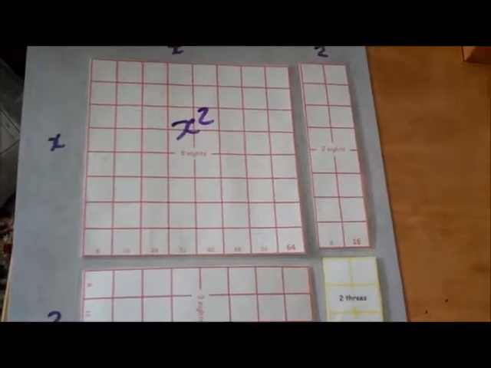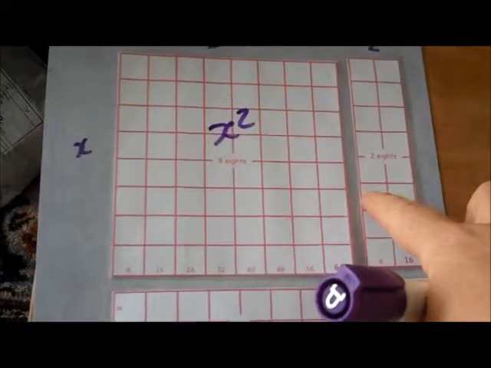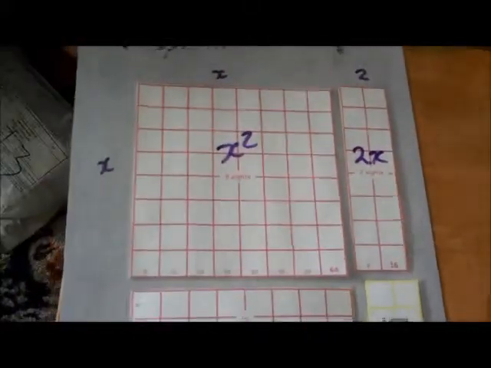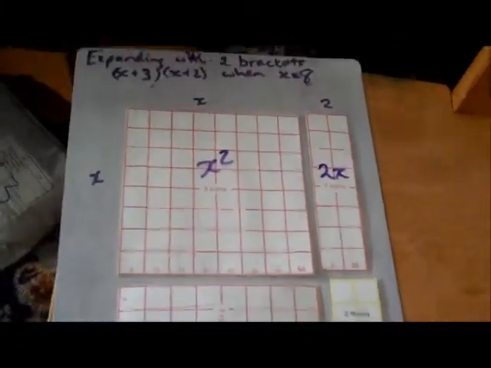This piece here is 2 eights. If I was doing it with algebra, it'd be 2x. The piece down the bottom is 3 times x, or 3 times 8, 3 eights.